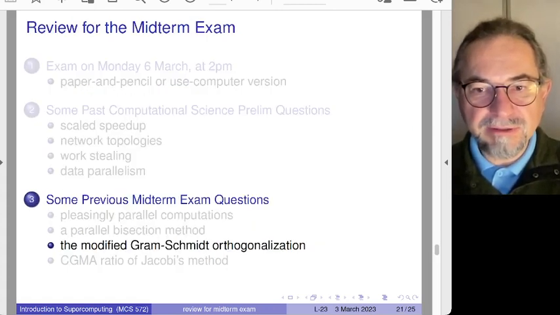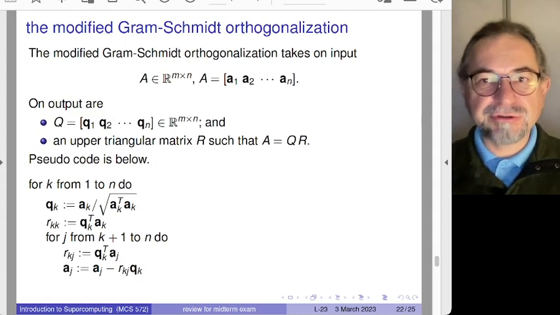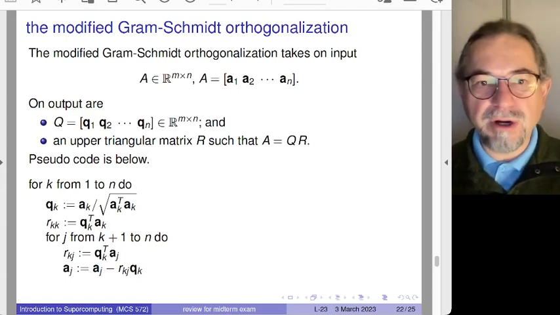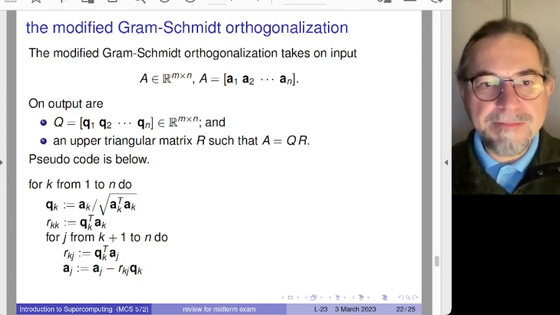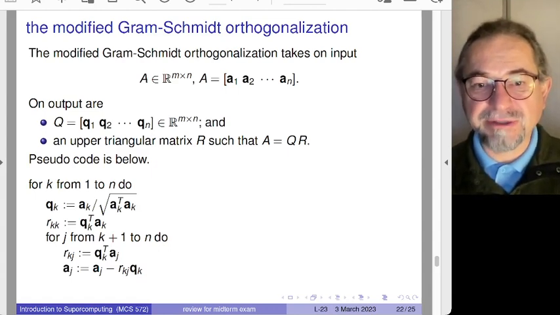Okay, next question is also on multithreading. We consider the orthogonalization of a sequence of vectors. This is one way to compute a QR algorithm. It's also very beneficial here to think about the geometric interpretation of the Gram-Schmidt method.